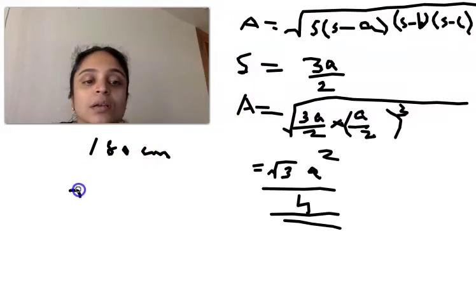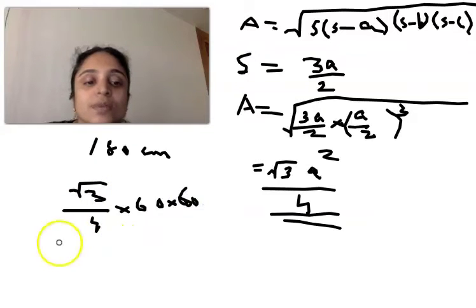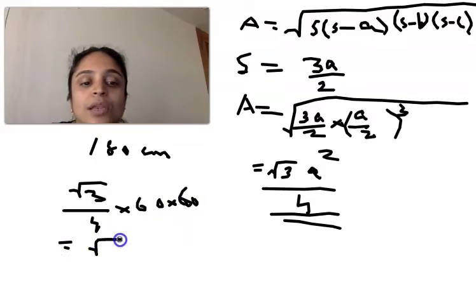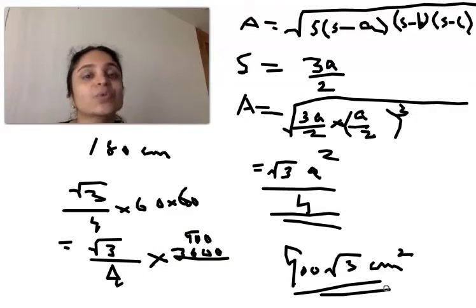So A equal to root 3 by 4 into 60 into 60. So this is equal to root 3 by 4 into 3600, and 4 will go in 36 9 times. So 900 root 3 centimeter square is the area of this triangular board.